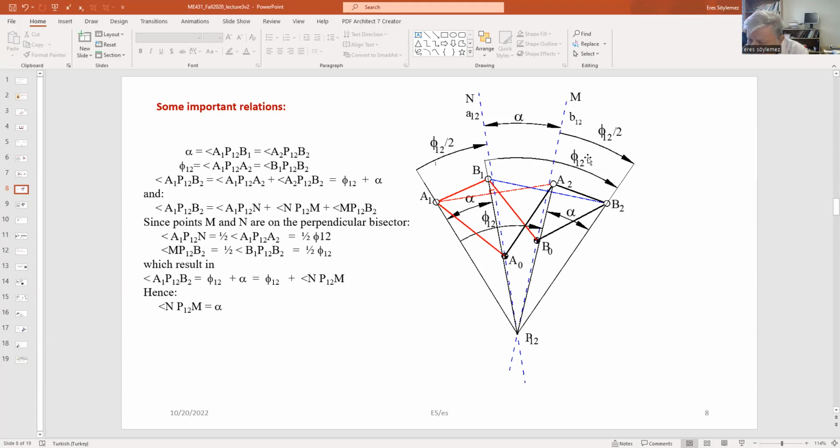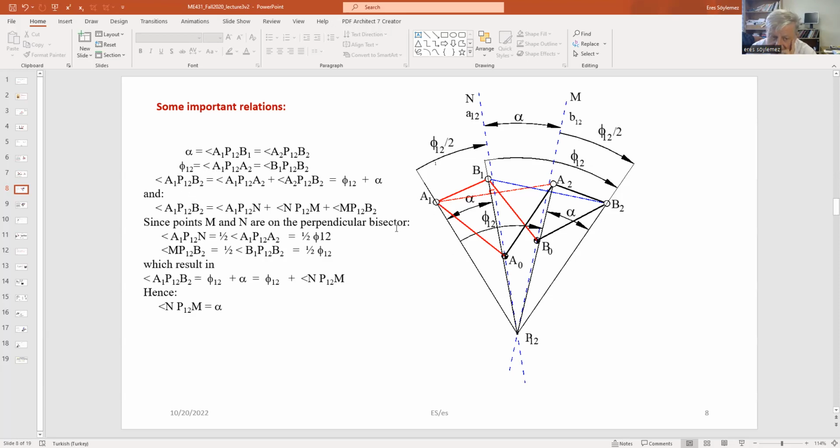Whereas depending on the points A, B that you select, alpha will change, and the shape that you see will change. But what is important is that phi12 and P12 are invariant.